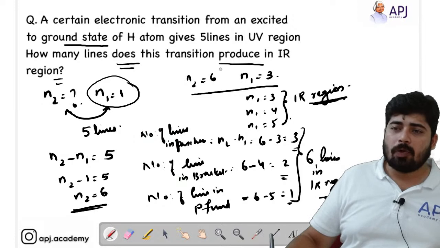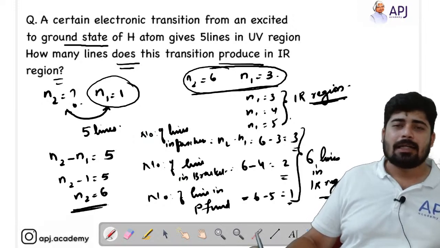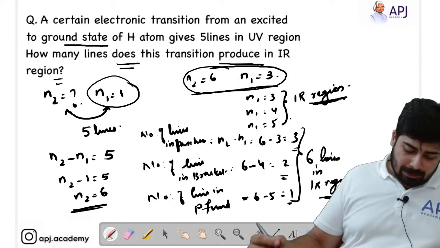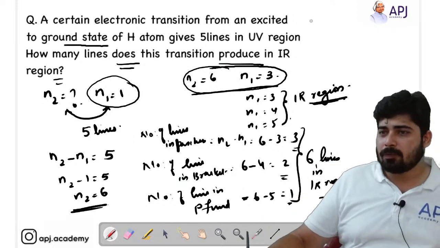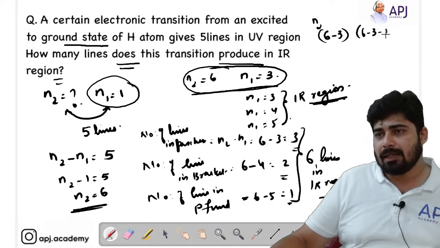Or if you know the concept, that from 3 to the higher energy state it is IR region, then you can simply use the total lines formula, that is N2 minus N1 into N2 minus N1 minus 1 divided by 2, that is 6 minus 3 into 6 minus 3 minus 1 divided by 2.